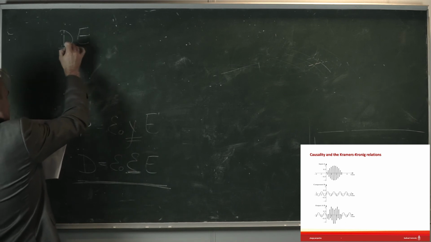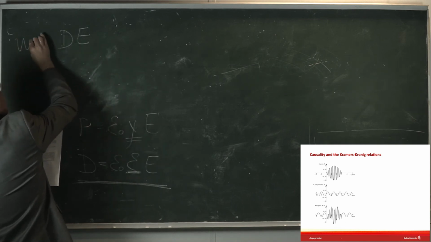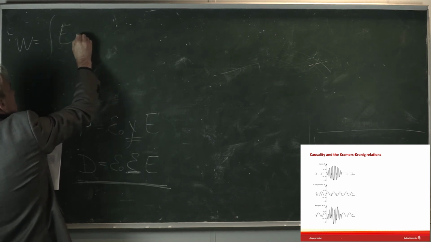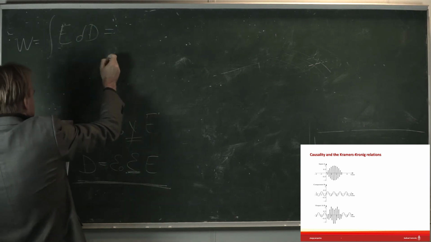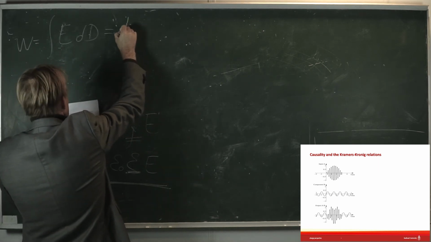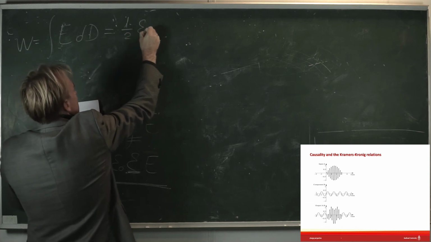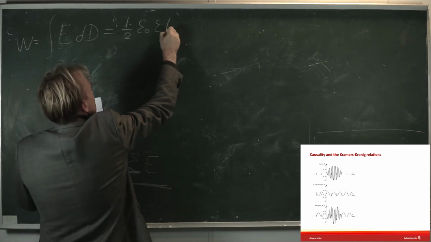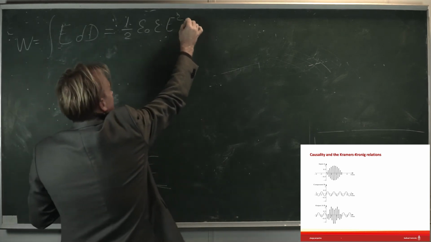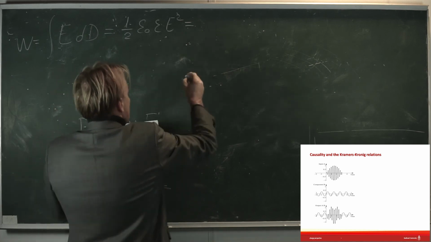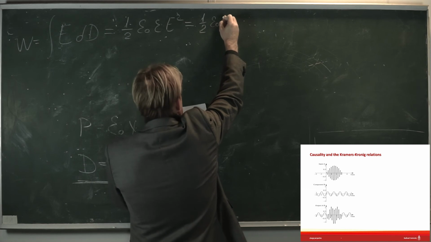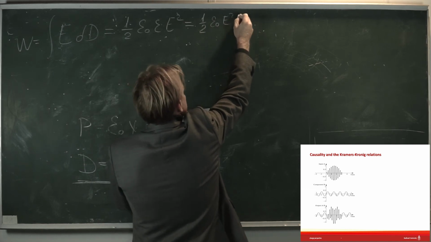If you calculate this, in particular, for instance, if you calculate the energy behind this product, and then you write D, write this integral, calculate this integral, what you will get is 1 over 2 epsilon 0 epsilon E square, basically applying this equation. And then here you can also write down two terms.